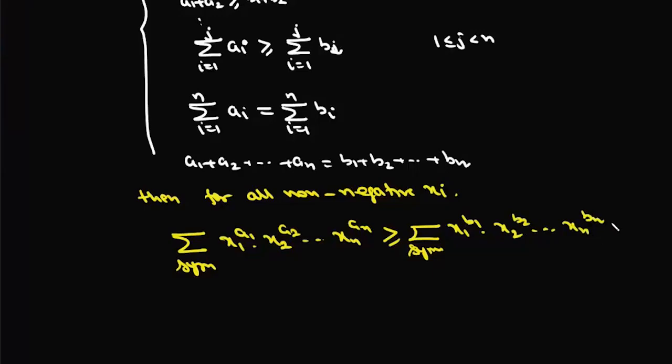If sequence ai majorizes sequence bi, then the symmetric sum of x1 to the power a1, x2 to the power a2, xn to the power an is always greater than or equal to that of x1 to the power b1, x2 to the power b2 up to xn to the power bn.